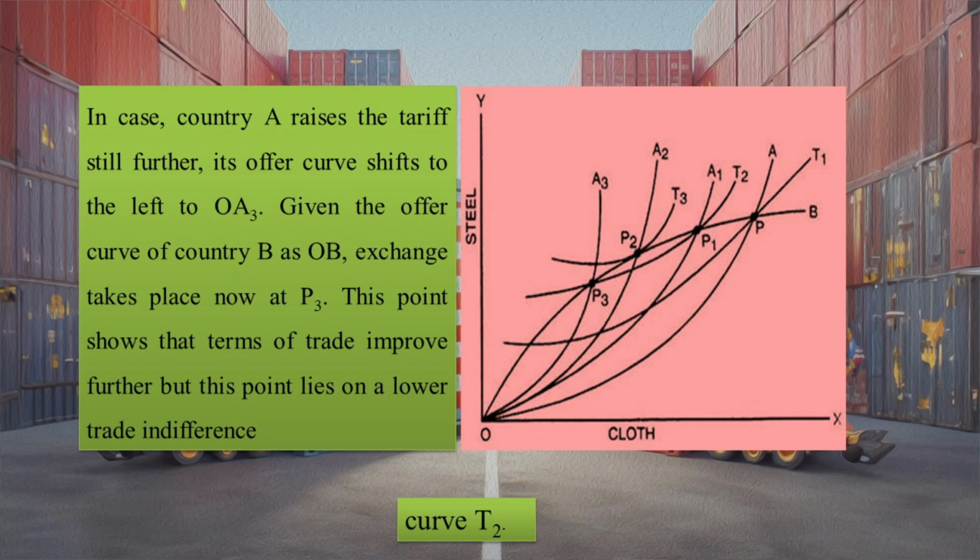So in case country A raises the tariff still further, what will be the result? Its offer curve will shift to the left to OA3. Given the offer curve of country B as OB, exchange takes place now at P3. This point shows that terms of trade improve further, but this point lies on a lower trade indifference curve, that is T2.